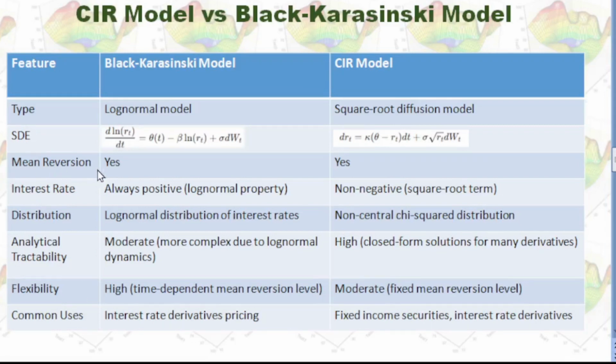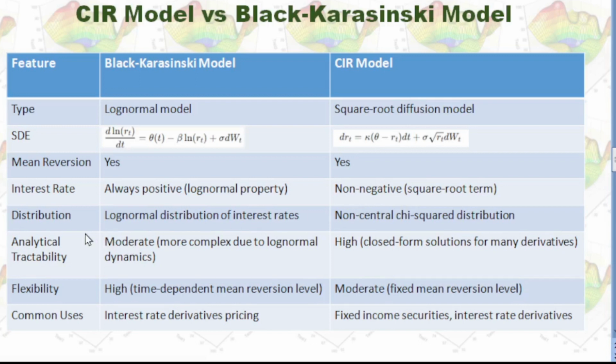Both models have this mean reversion feature. For the interest rate, for the Black-Karasinski model, it will always be positive. And for the CIR model, it will be non-negative. That means it can be zero.